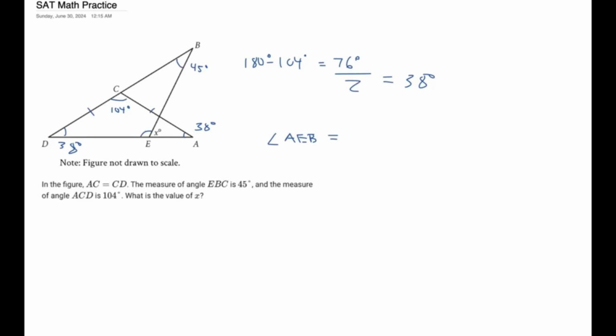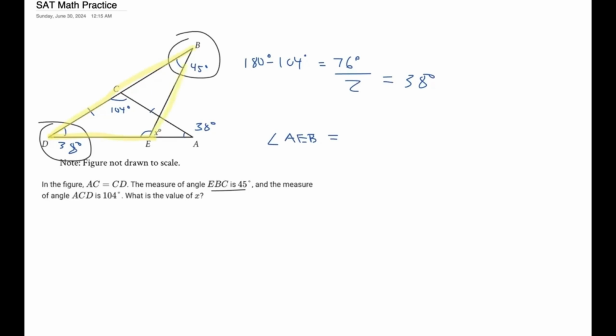Well, it's actually pretty interesting because they gave us the measure of EBC, this angle up here, and we just figured out the angle of BDE. And so these two angles make up a portion of this triangle, right? So it's this triangle right here. All right.